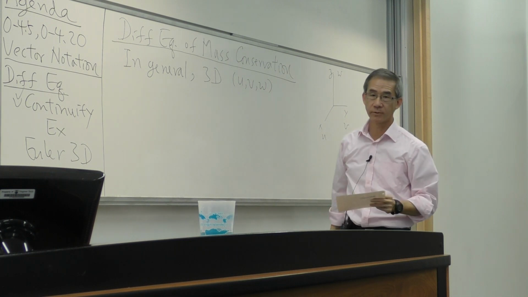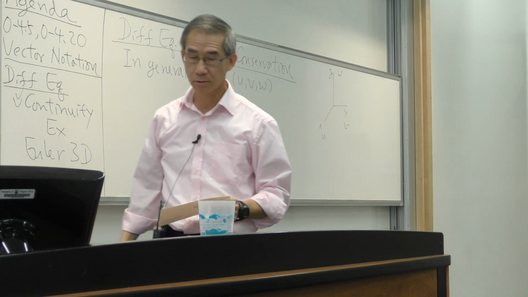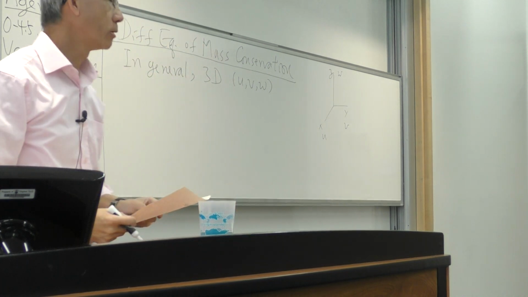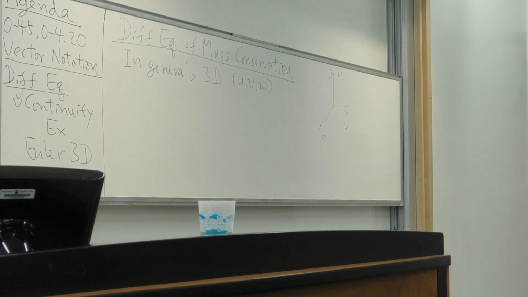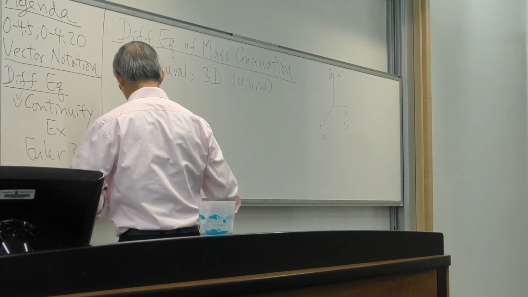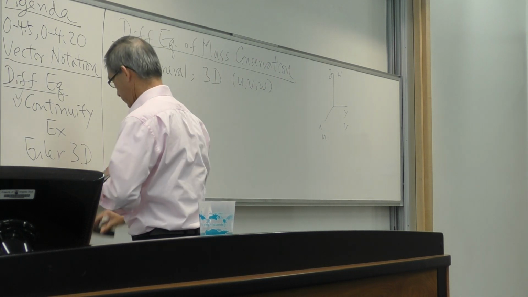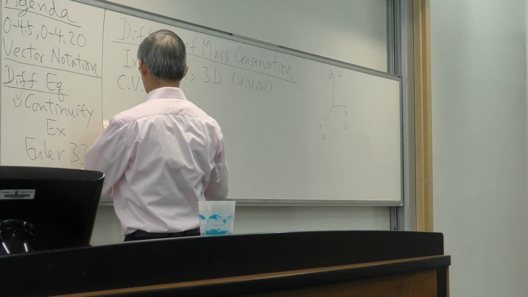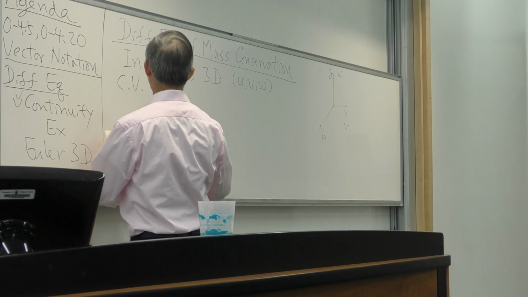Just to remind ourselves, we are now dealing with a 3D problem, no longer 2D like the Euler streamline, but we have x, y, z coordinates, and the velocity components, just as a reminder, are shown as u, v, w. So control volume, that's what we did 3 months ago.